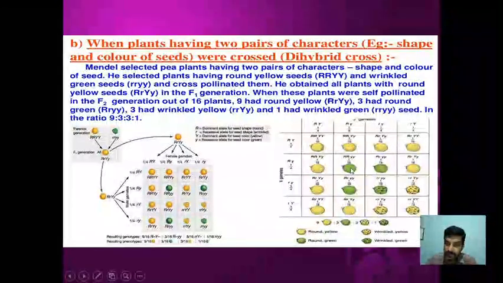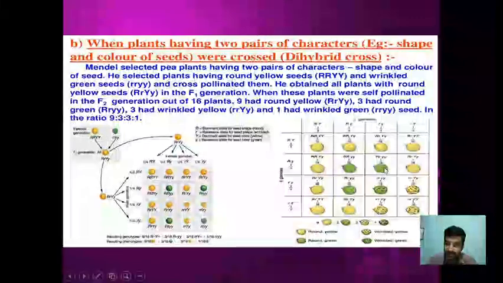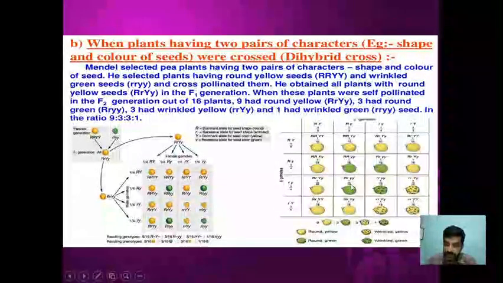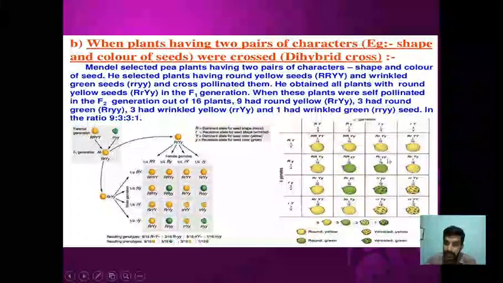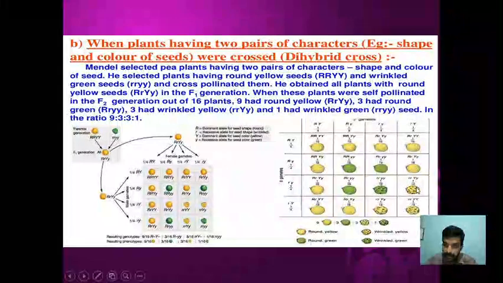Then there are 3 round but green. 3 round and green. And there are 3 wrinkled and yellow.